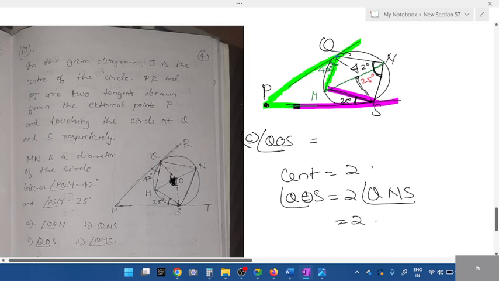Correct. What is QNS? 67. That is 134, right, Ivania? 2 into 60 is 120, 2 into 7 is 14. 134 degrees.